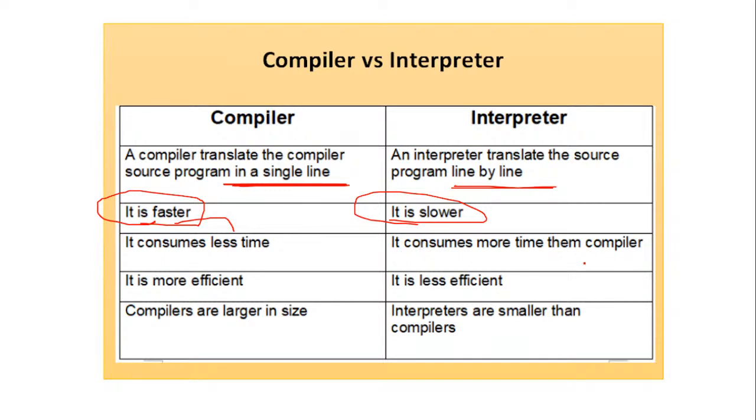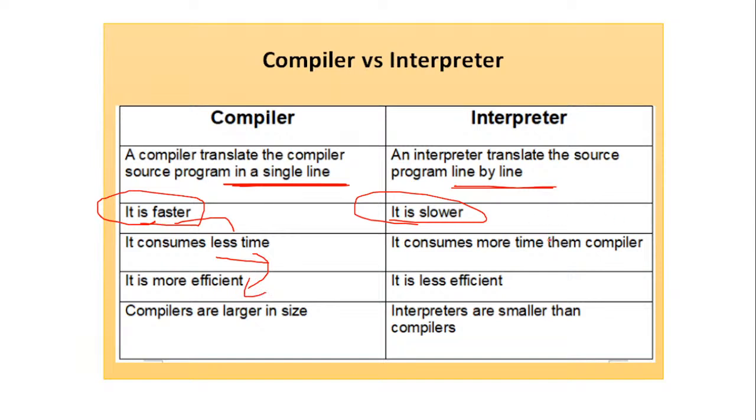In examinations they will put some confusing sentences, so when you are making handy notes, make it clear. The compiler is faster, so it requires less time. The interpreter is slower, so it requires more time. Because it is faster, it will be more efficient.